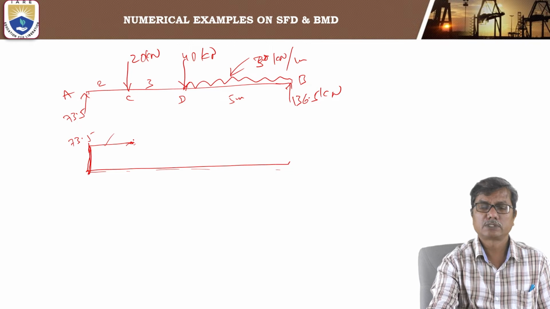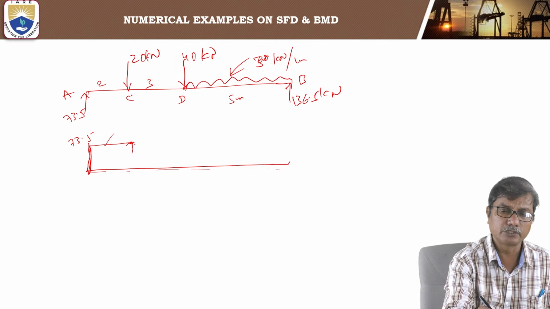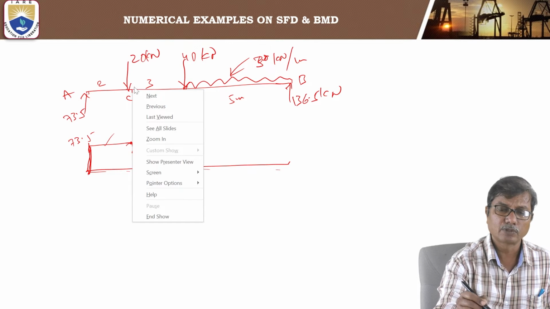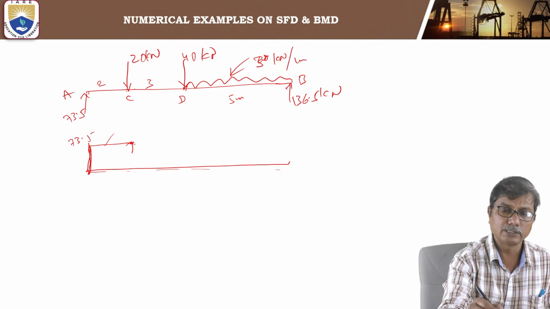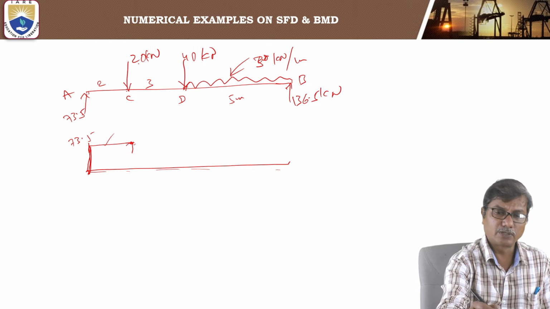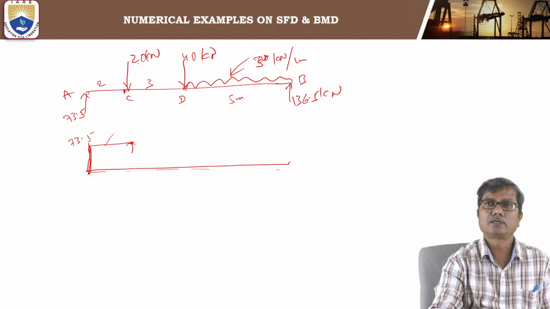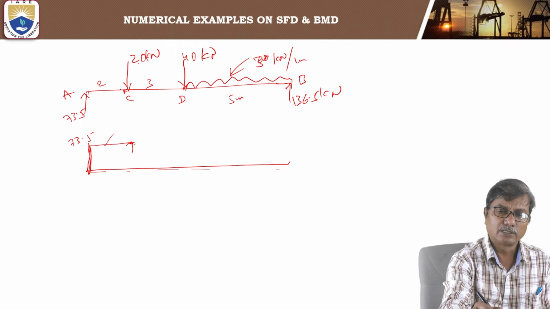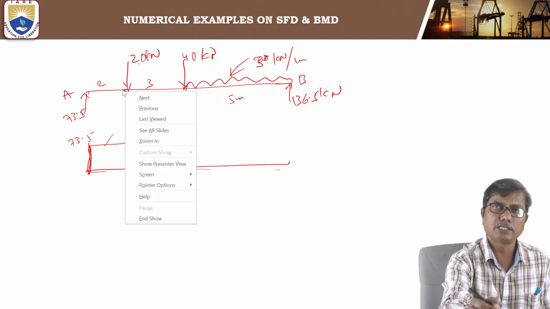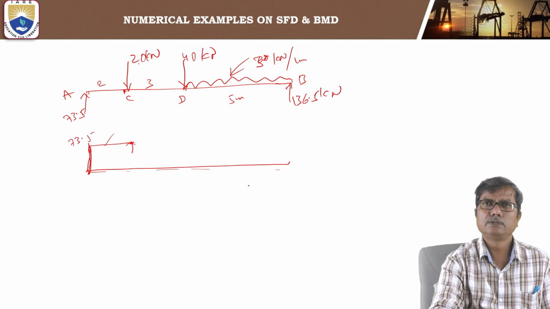At C, for the shear force between C and D, just to the right of the section the shear force is 73.5 minus 20, and just to the left of the section the shear force is 73.5. Considering the left hand side, the shear force just to the left of C is 73.5 and just to the right it is 53.5.